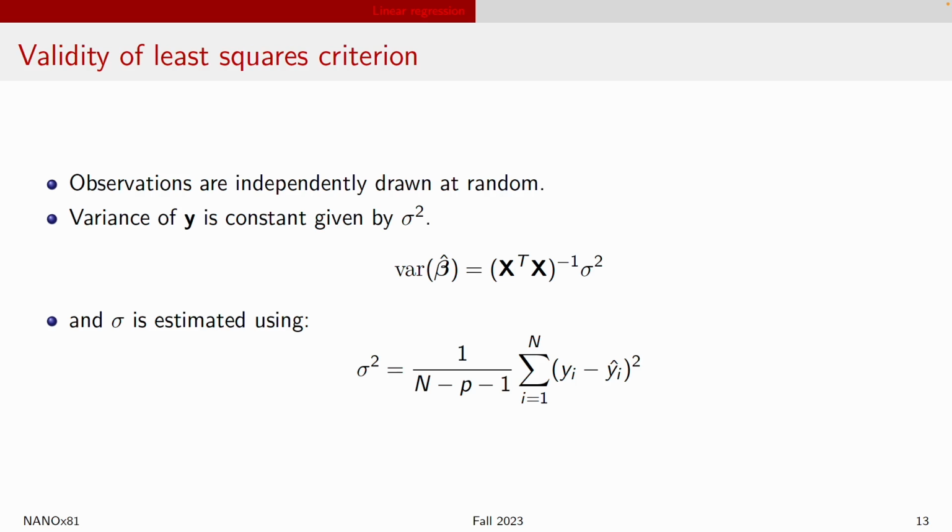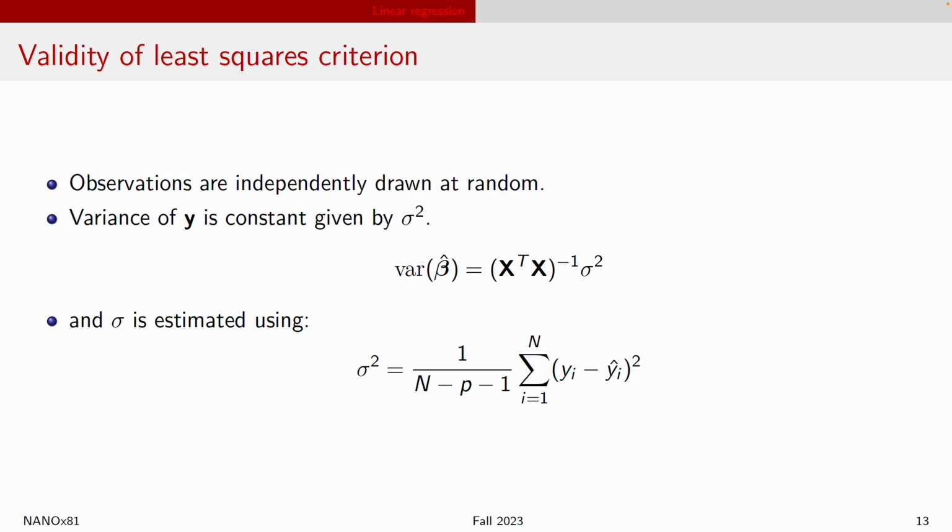Nevertheless, this criterion is not very strict. In fact, you can design a weighted least squares method that accounts for the case where the variance of y is not constant. And because the variance of y is constant, you can estimate the variance using the very standard estimate for the variance of a variable.